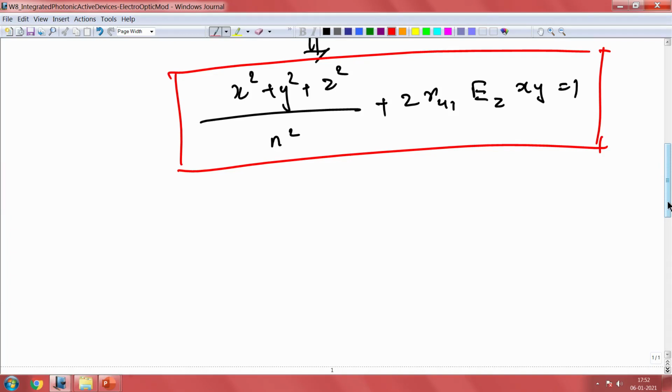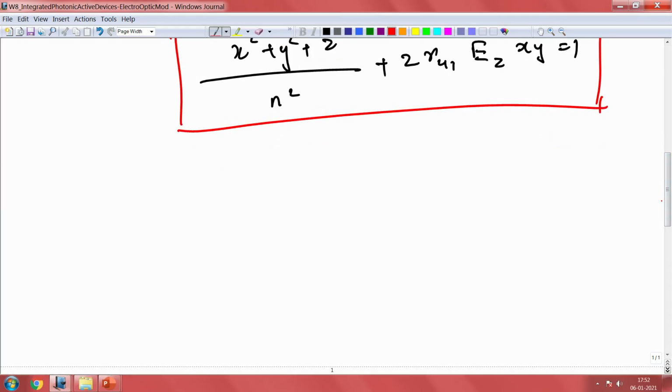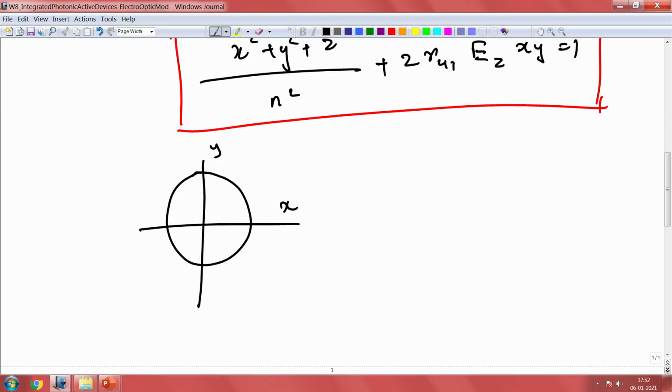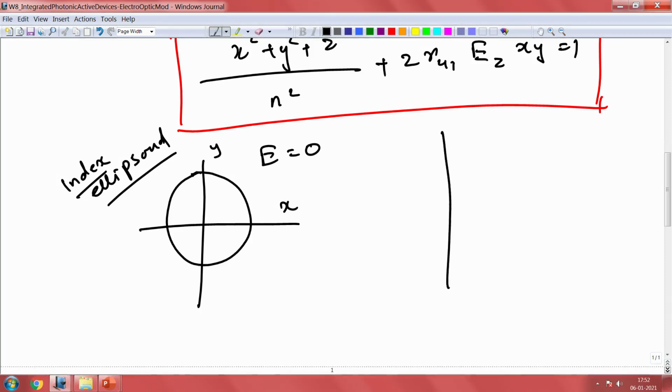All right. So, if that is the case, let us look at how our index ellipsoid will look when there is no field and when there is a field. Okay. So, when there is no field, you will have a circular one, that means along x and y when the field is 0. So, when there is no field, you will not have any skewness at all. So, this is nothing but the index ellipsoid. Okay. So, now when you apply a field, very interesting things are going to happen.